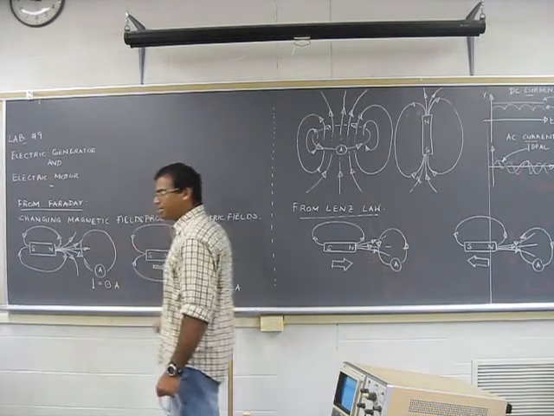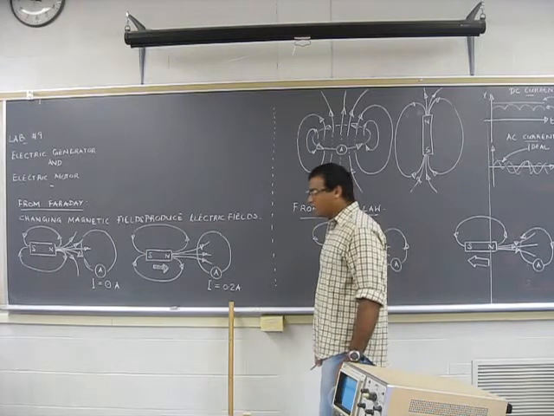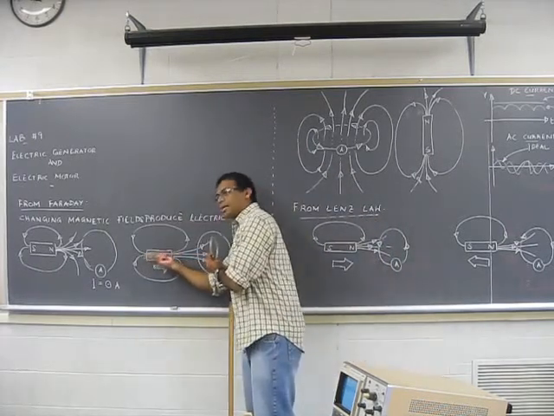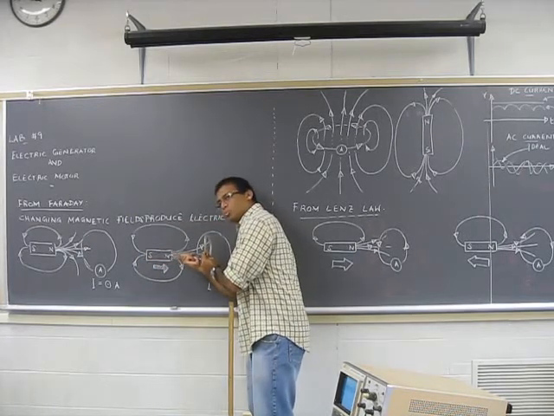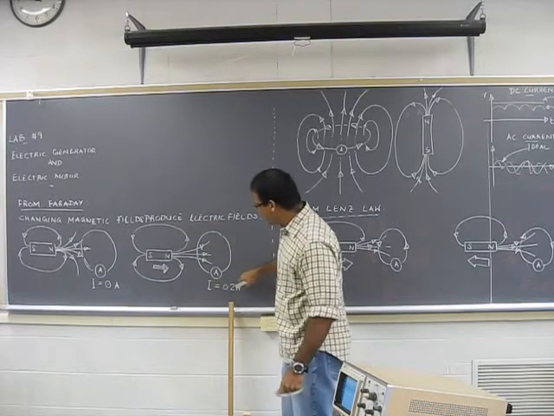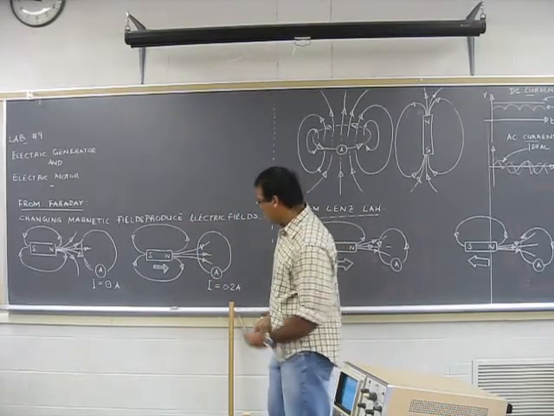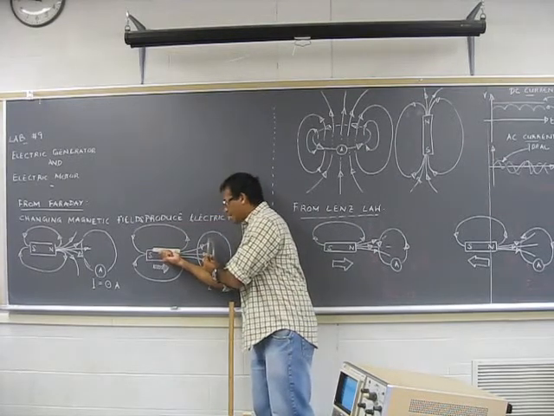Now what Michael Faraday found is pretty much, if I were to use my magnet and move it closer to this loop, then I can observe a current. So what is the difference here? If I keep my magnet right here and keep my loop like this, guess what?